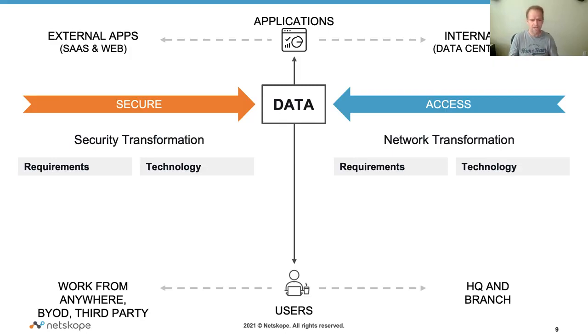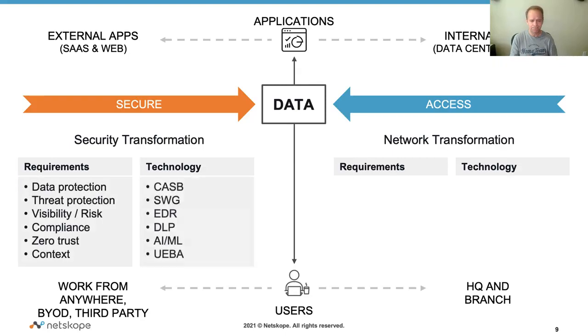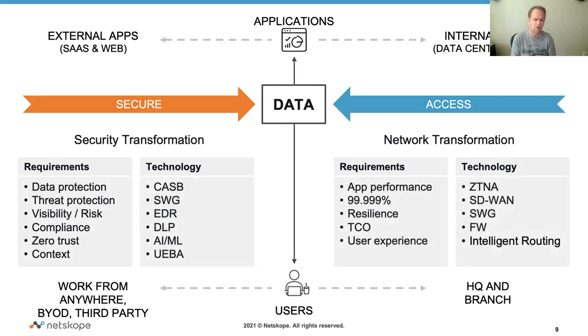So when you think of transformation on the security side, there's a whole set of requirements and associated technology that is really aimed at protecting organizations' data. Data protection and threat protection are obviously top of mind and key. There's also getting visibility and risk associated with all of this cloud adoption.